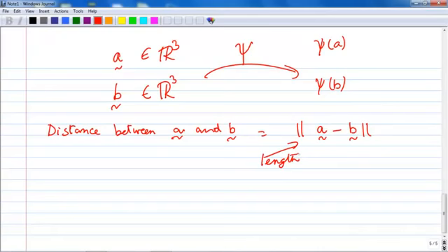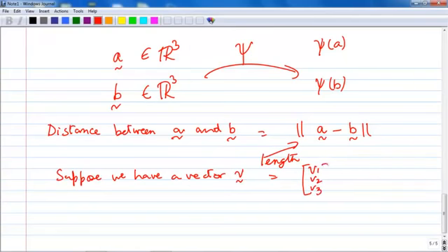So just to remind you, suppose we have a vector V, which has three components, v1, v2, v3.